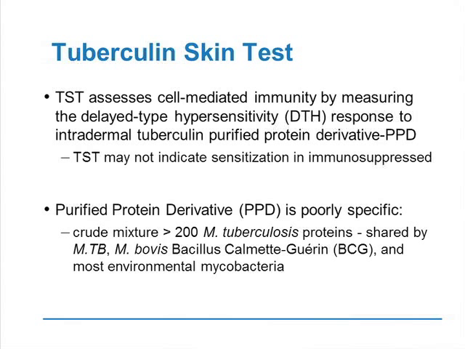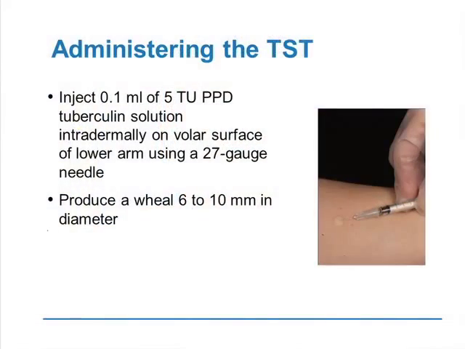The PPD itself is a poorly specific and crude mixture of over 200 mycobacterial proteins that are certainly shared by the MTB, M. bovis, and the BCG substrains. But it also can be seen in a few of the atypical or non-tuberculous mycobacterial species.